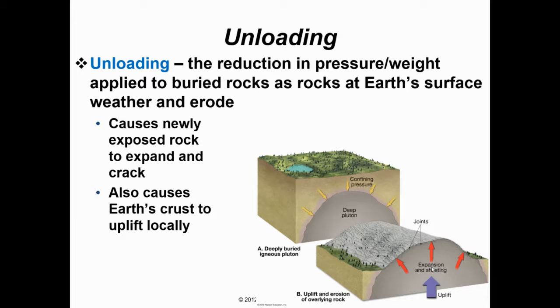So when you reduce the weight that's being pushed against it, that is unloading. The cracking itself is technically called sheeting, but no need to separate those two for this class.